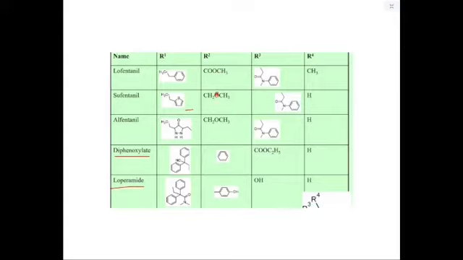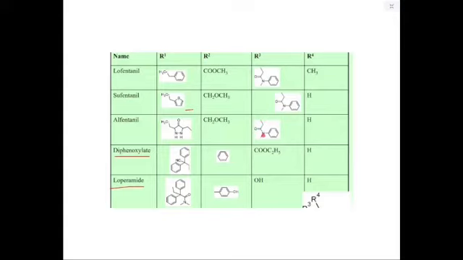I have lofentanil, which has an ester, which will be readily hydrolyzed. Sufentanil has a ketone, so it acquires stability. So the change in this group is to try and acquire stability so that the compound is not readily hydrolyzed, to give it a very short duration of activity.